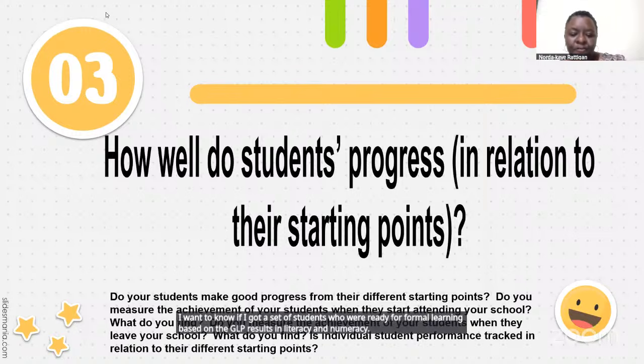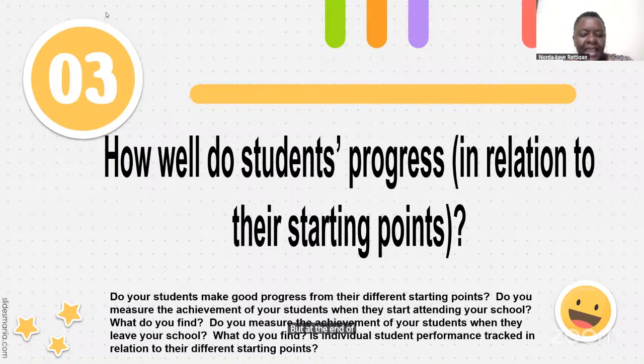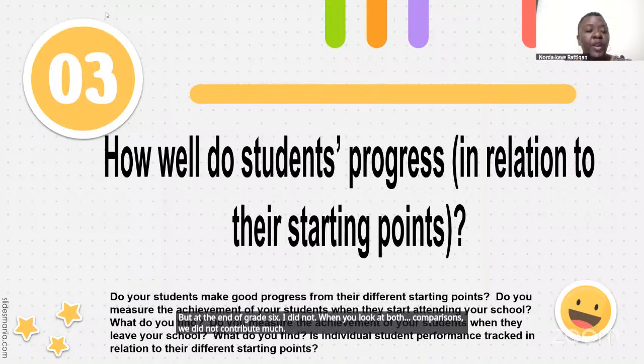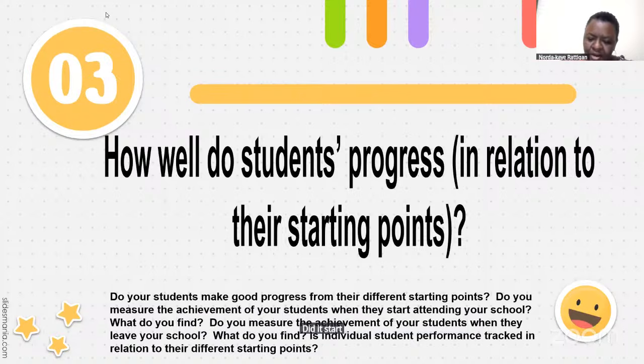But at the end of grade 6, when you look at both comparisons, we did not contribute much. We want to know where the problem started. Did it start in the foundation years, or did it go downhill once they started in grade 4 to 6?